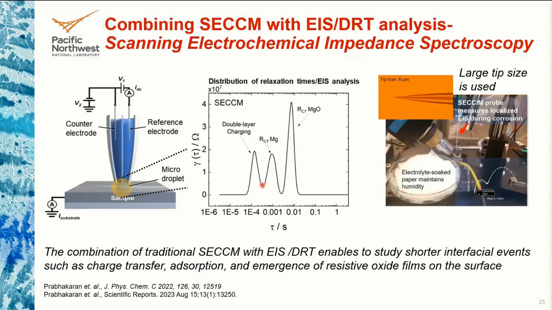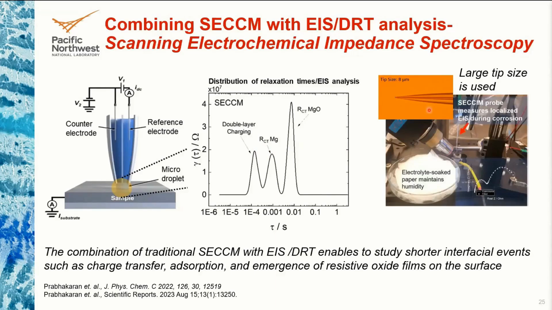But one of the key things I want to mention is that it's very important to maintain the stability of the tip. That means any precipitate formation at the tip end will affect the distribution and give you an unrealistic curve.